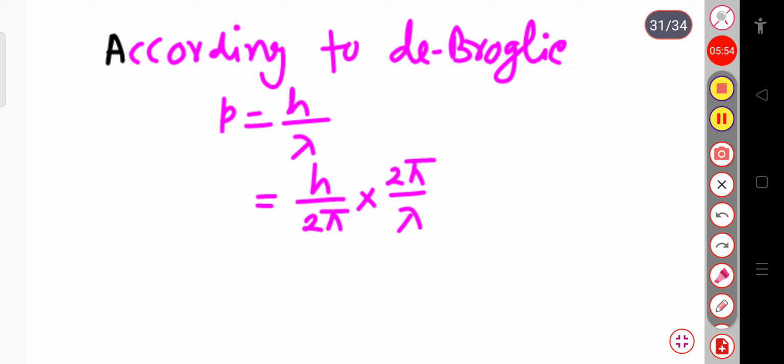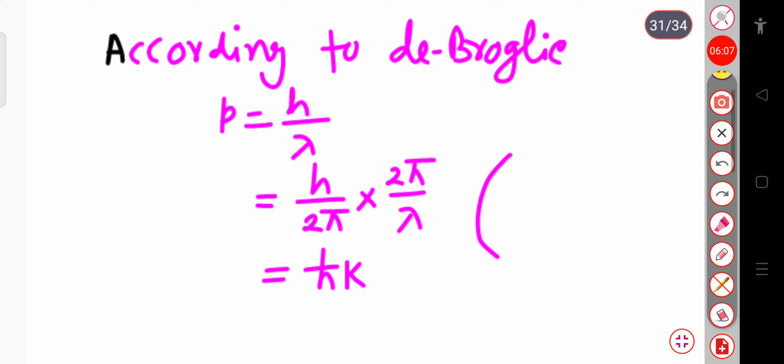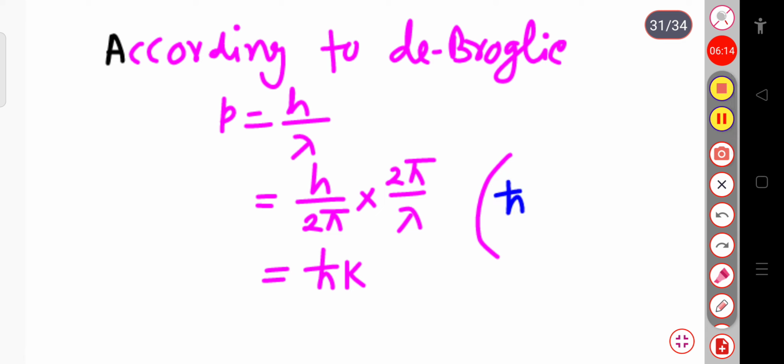Okay, so this will be equal to h by 2 pi is h cut, and 2 pi by lambda is the k. So this will be h cut k. So let me write it here. Here this h cut is h with a bar written on the leg of the h.